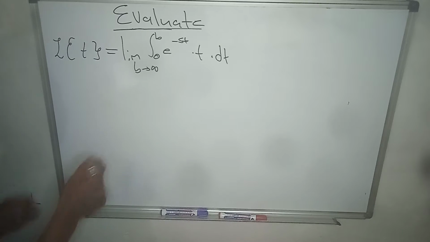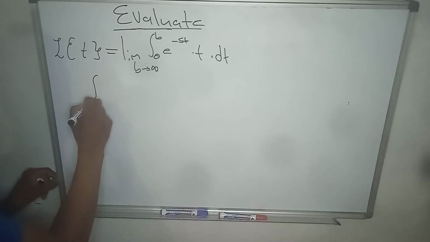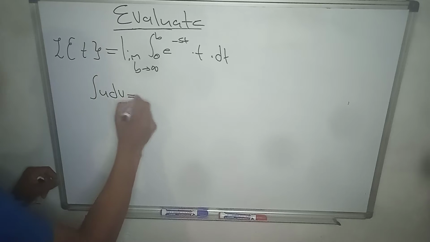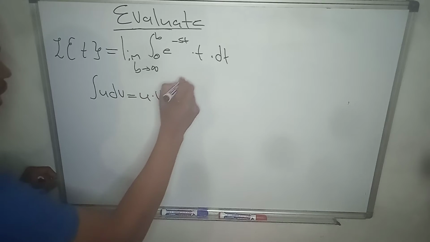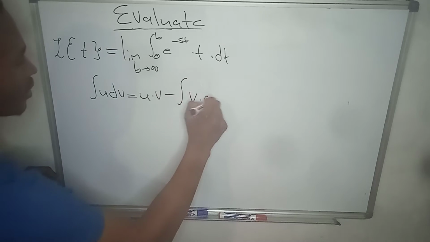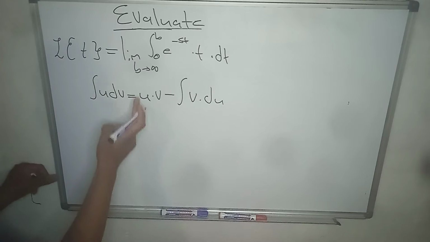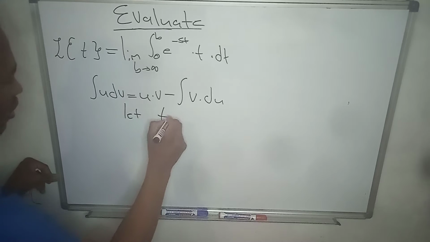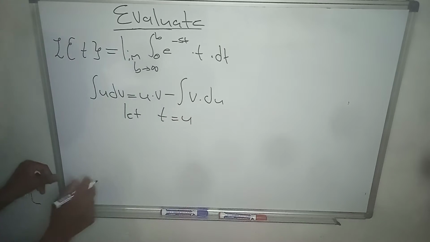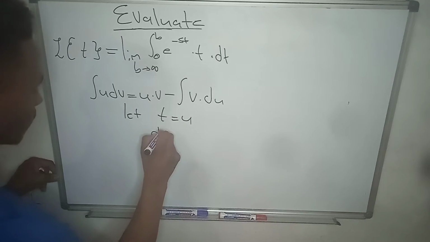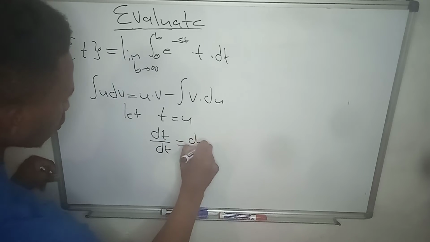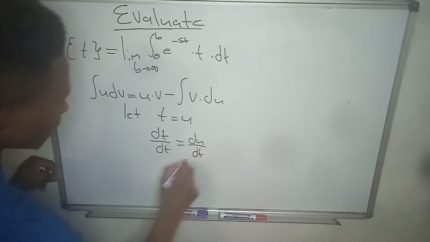We are going to use integration by parts, which is the integral of u dv equals u times v minus the integral of v du. So we are going to let t be our u. So du/dt equals 1.